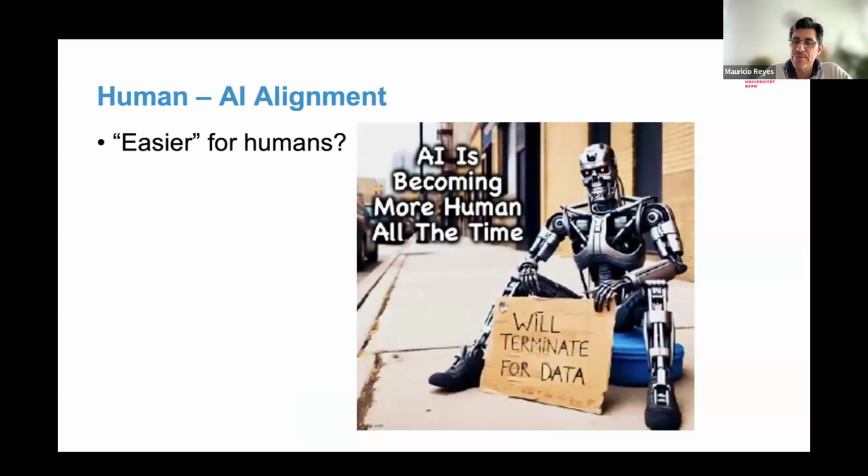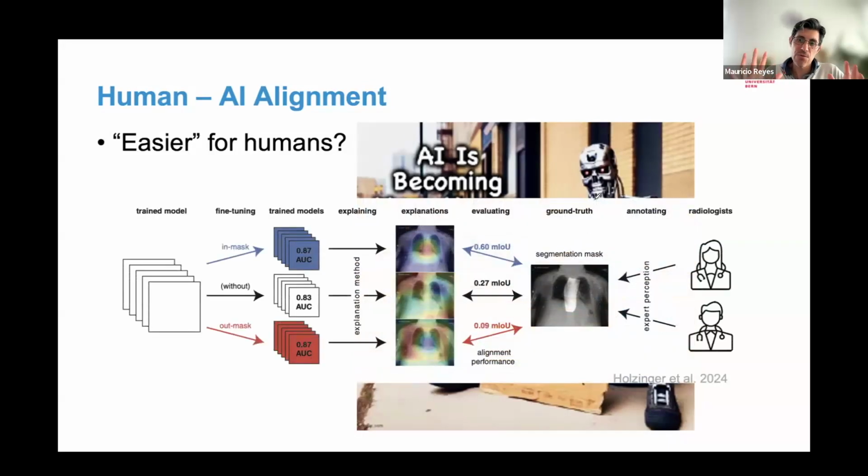So one way to maybe simplify here is to align, right? When we align, basically we try to make the AI machine resemble the patterns of functioning of a human. Here I want to highlight one very interesting study where they trained three models: a blue model, a white model, and a red model.